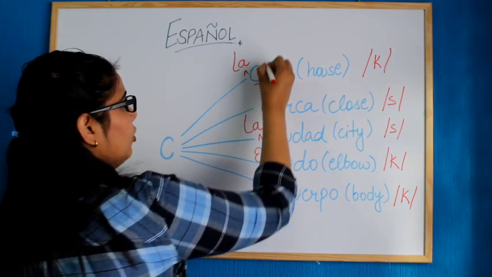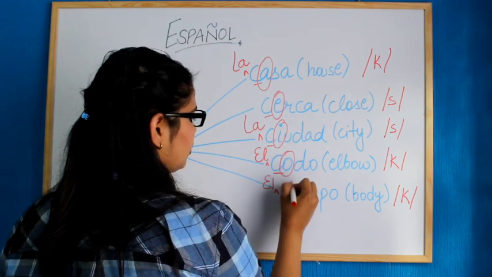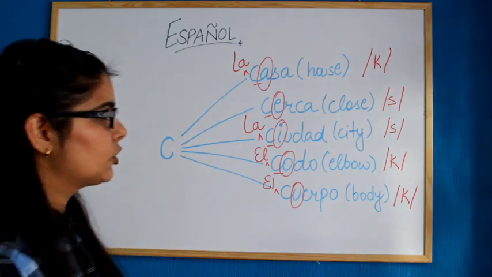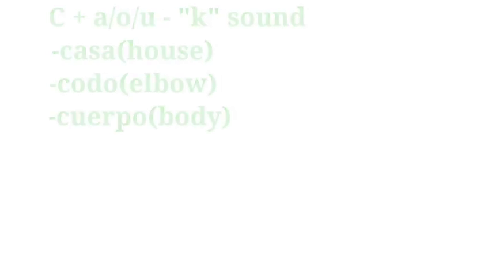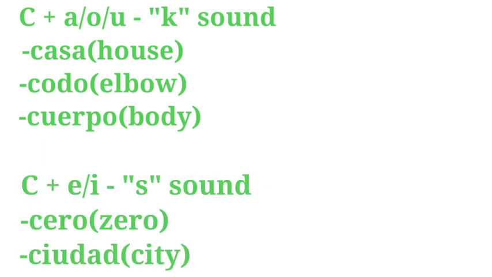If we concentrate on these letters, the picture becomes much more clear. So we can conclude that if C has A or O or U with it, it gives the K sound, and if C has E or I, it gives the S sound.